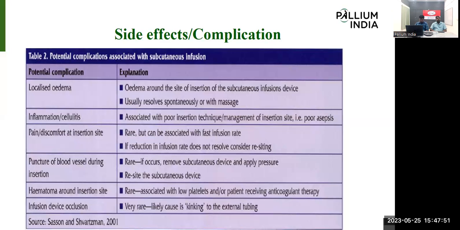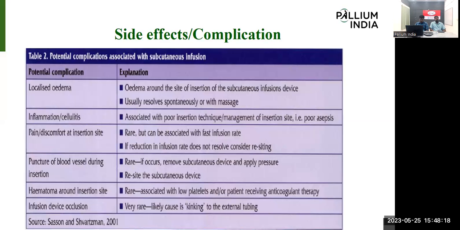If we see blood-tinged fluid inside the tube, we cannot continue the medicines or infusion there. Whenever we see this issue, we need to stop the infusion or injection, change the site and select another site.